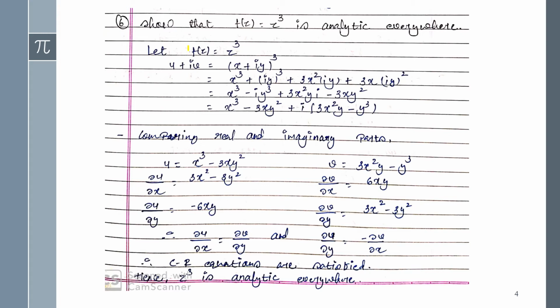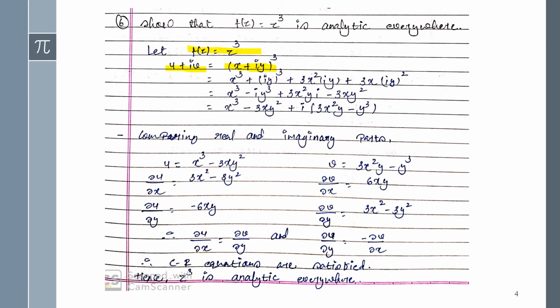f of z is given as z cube, and f of z is u plus iv, and in place of z I am putting x plus iy. Now (a plus b) whole cube, you know the formula: a cube plus b cube plus 3a square b plus 3ab square.